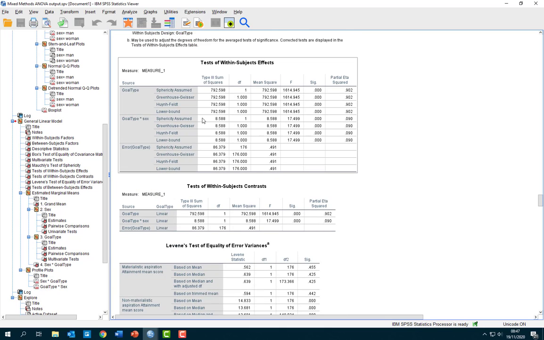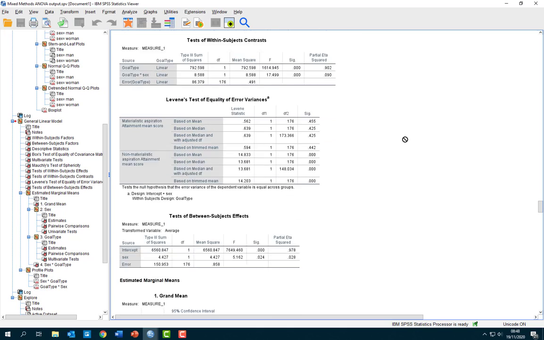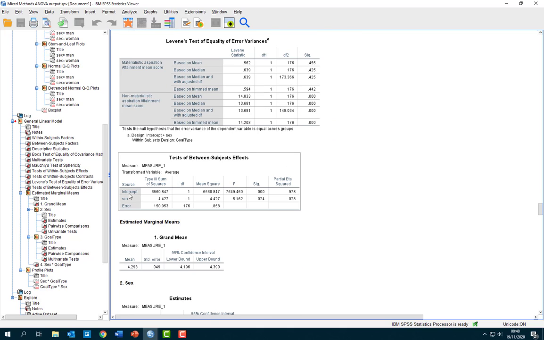So when we're interpreting this, we would interpret it against a p-value of 0.01 rather than 0.05. And when we are interpreting the tests of between-subjects effects, in particular gender, we would evaluate that against a new p-value of 0.01 rather than 0.05. So it can be the difference between identifying a significant effect or not.